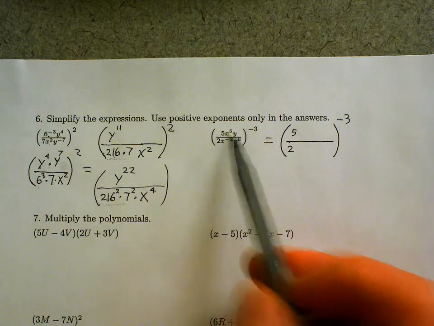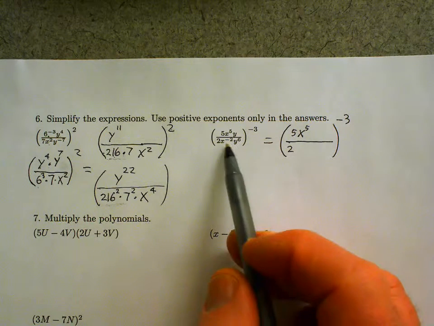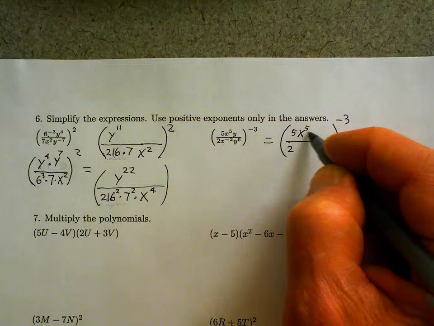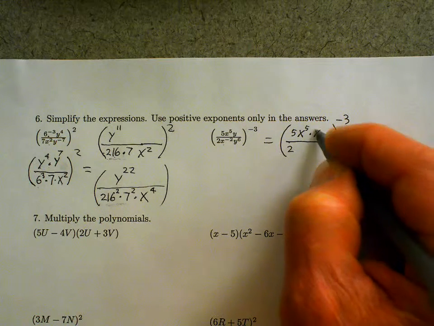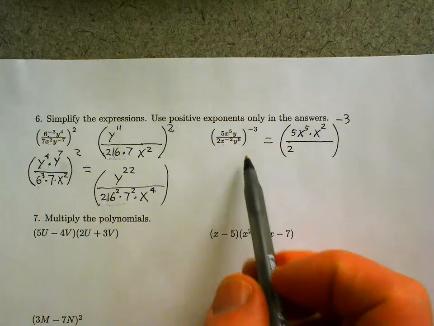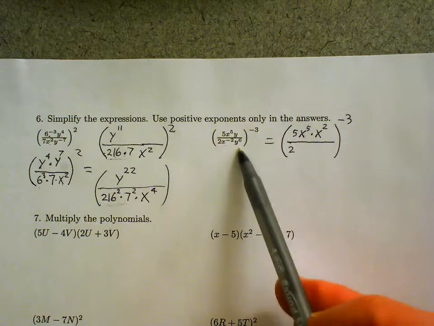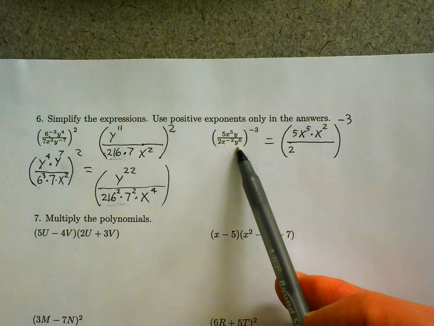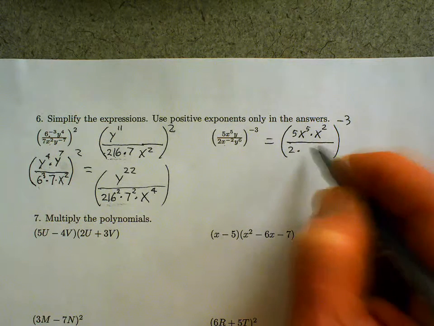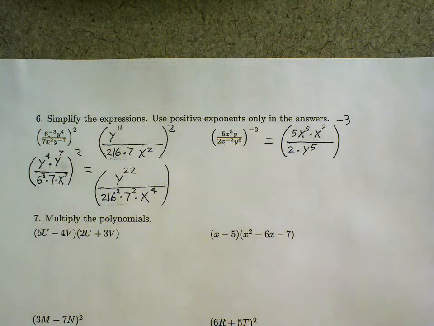In the numerator, we have x to the 5th. In the denominator, x to the -2 is equivalent to x to the +2 in the numerator. And then we have y to the 1st in the numerator and y to the 6th in the denominator. So that simplifies to y to the 5th in the denominator.